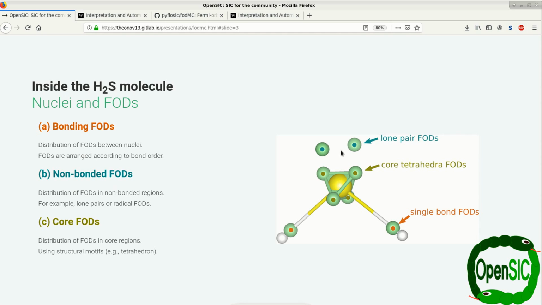We find a point associated with the lone region of our atom, in this case sulfur, and orient our lone FODs around this point. In this particular example, we have one pair of up and down FODs above this point and one pair below it, and these two FODs are oriented perpendicular to the molecular plane.